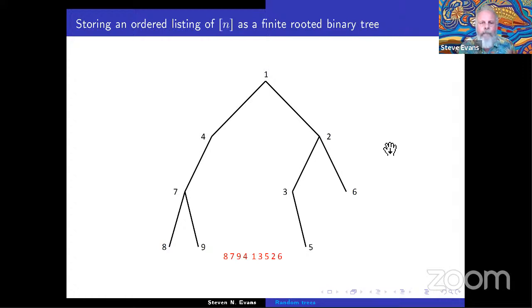Okay, and so this suggests a mechanism for actually building a random finite rooted binary tree.